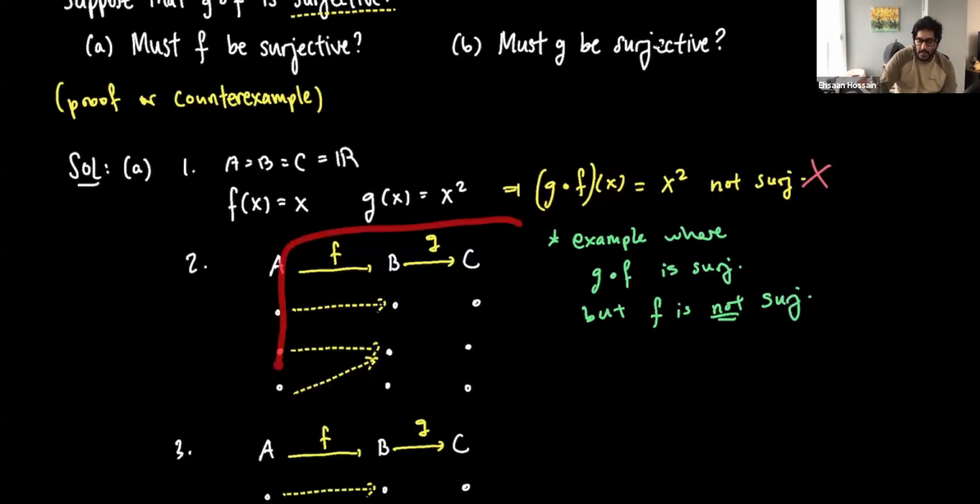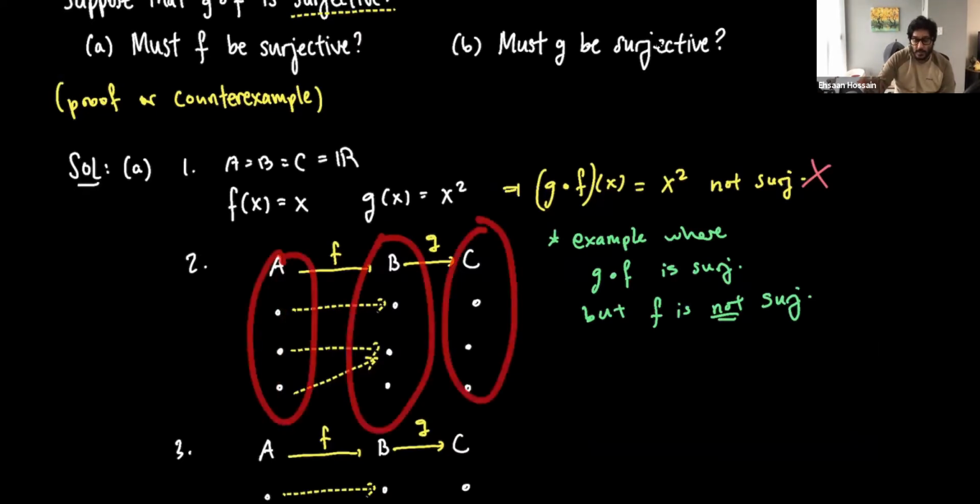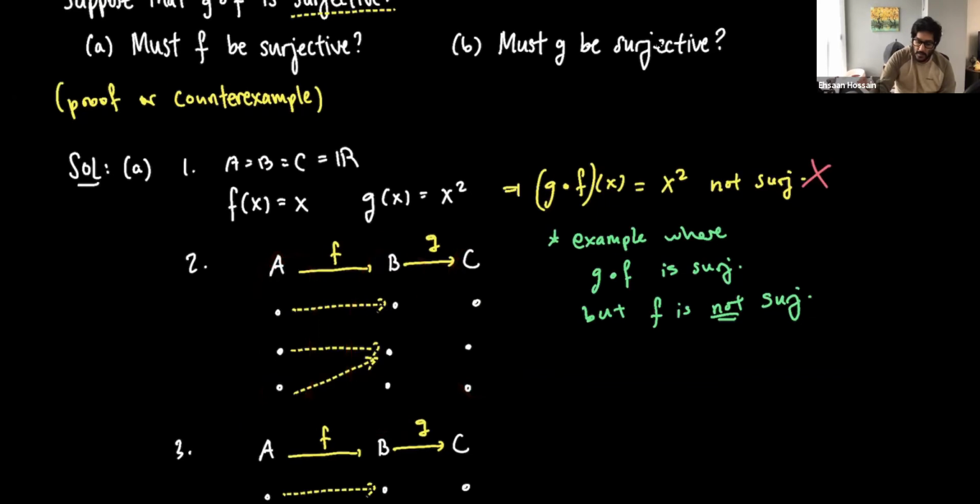I actually don't think it's possible if you put all 3 points in every set A, B, and C. If you make them all have 3 points, no matter what I do to g, even if I make g really surjective, there's no way that g∘f is going to hit this point, right?